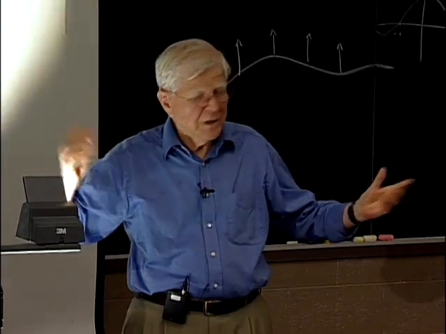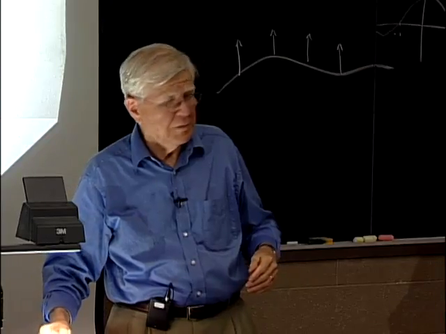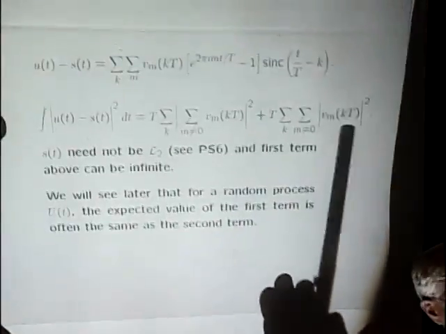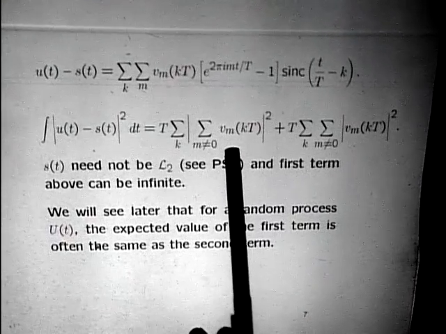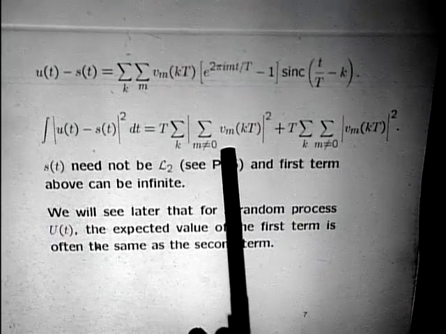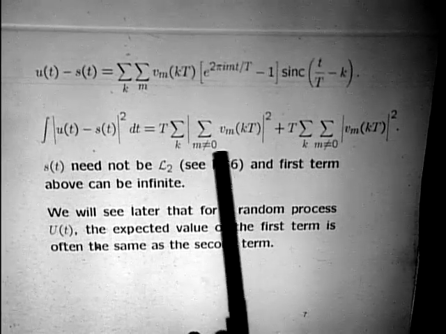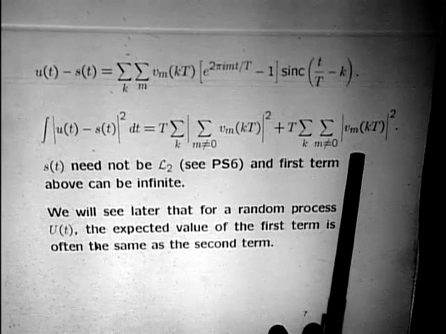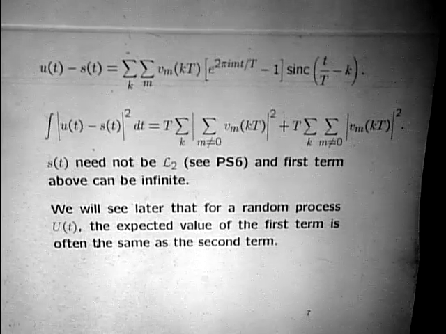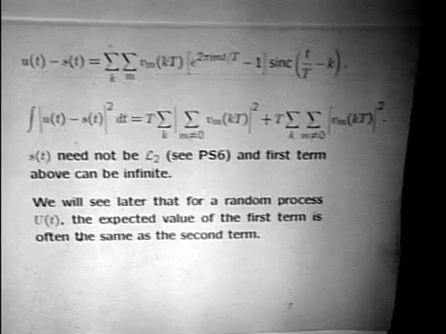And if you filter the function first, what's going to happen? These terms will go away. These terms will stay. You still have the aliasing. You can't get rid of that. But you can get rid of these terms. Whoops, excuse me. Yeah, take that back.